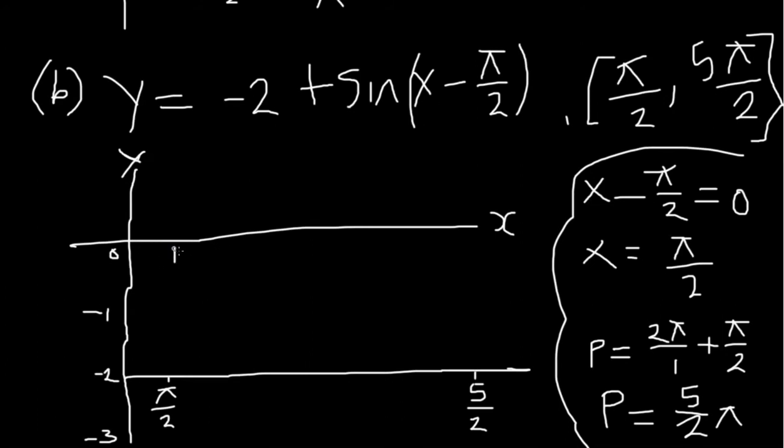Now I'm putting them there just to help you understand. This is where they're supposed to be. So this is 5 pi over 2.